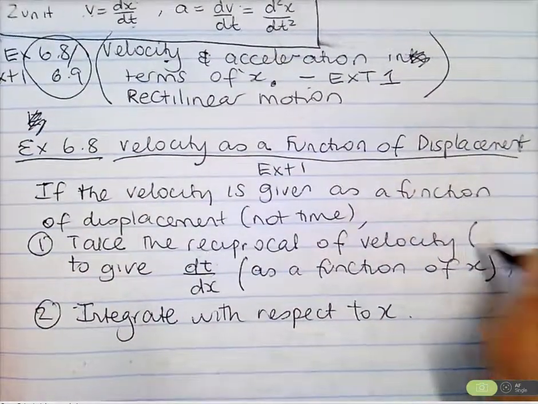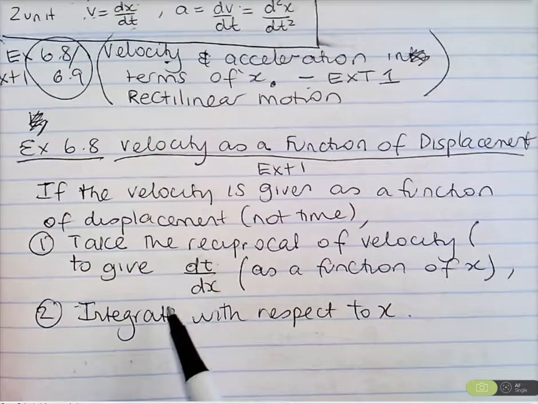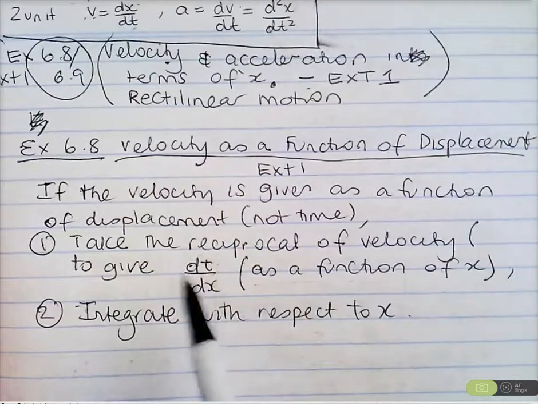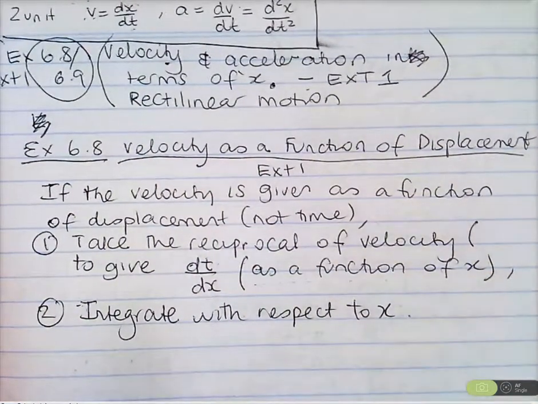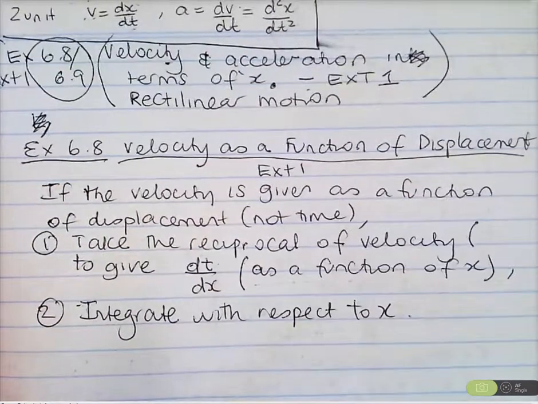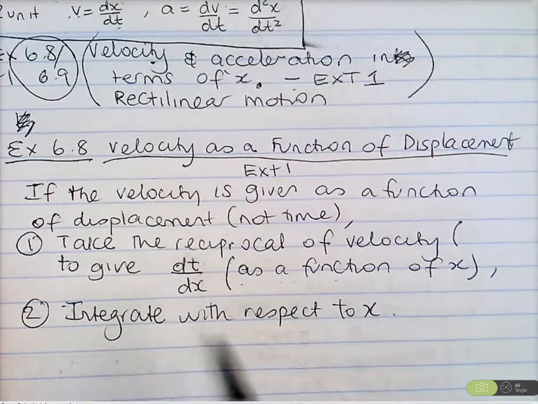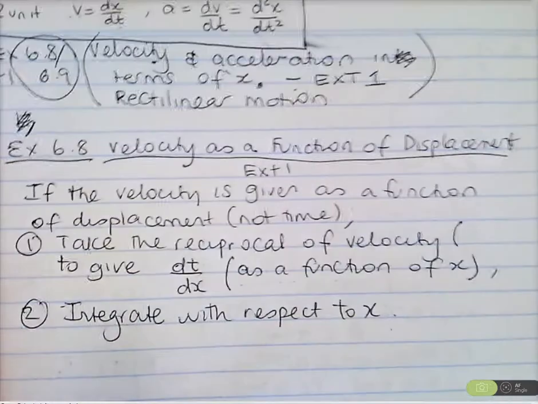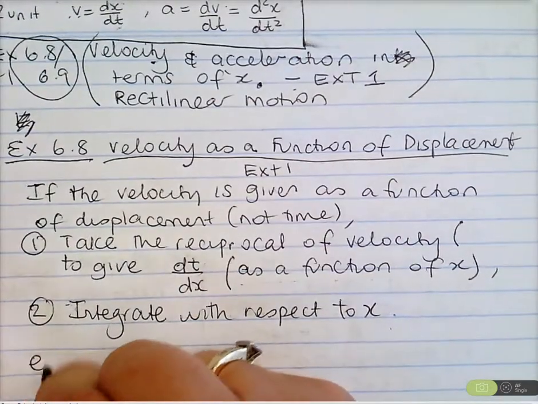Now we know that velocity is dx/dt, so we take the reciprocal, which is dt/dx, the flip, and then you can actually integrate that with respect to x to end up with what t is. Sorry, to end up with what t is, not v. So you'll take the reciprocal and then you'll integrate with respect to x. So we'll just do an example. Do you want me to start with an example? I think it's just best to do examples with this.